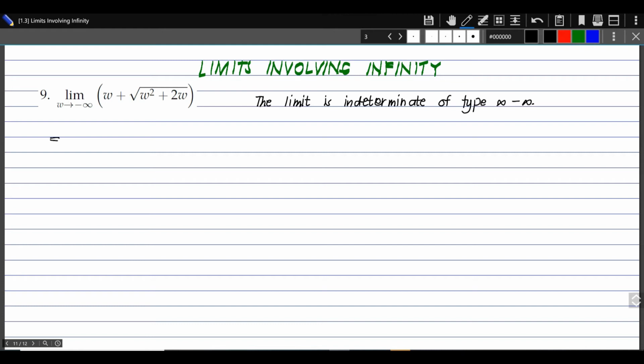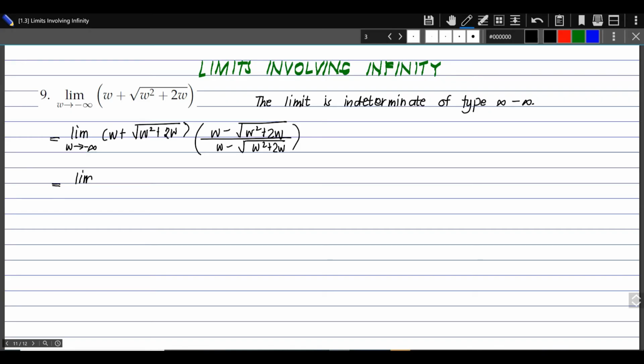So this is equal to the limit of w plus the square root of w squared plus 2w times the conjugate w minus the square root of w squared plus 2w all over w minus the square root of w squared plus 2w as w goes to negative infinity.